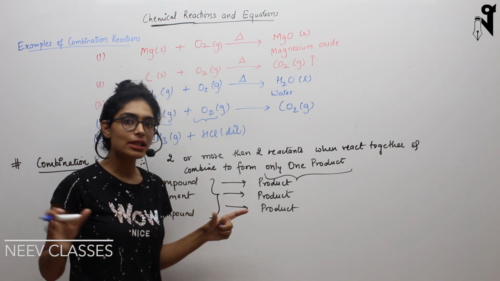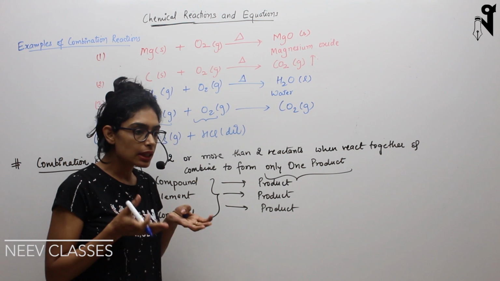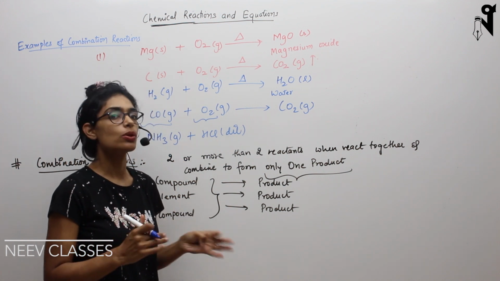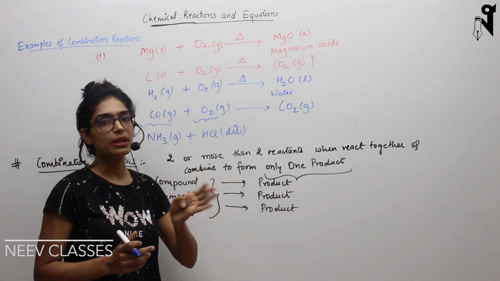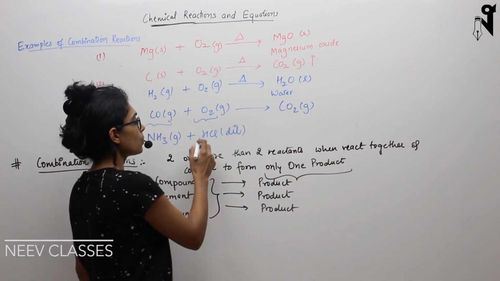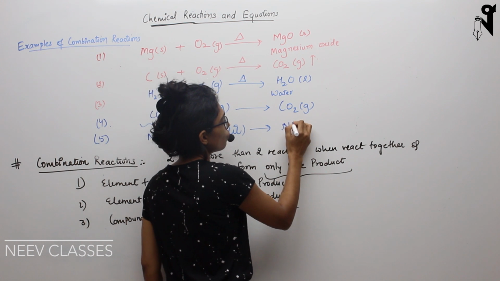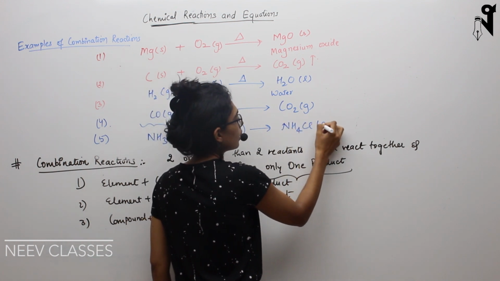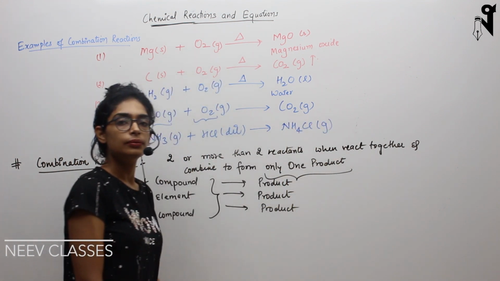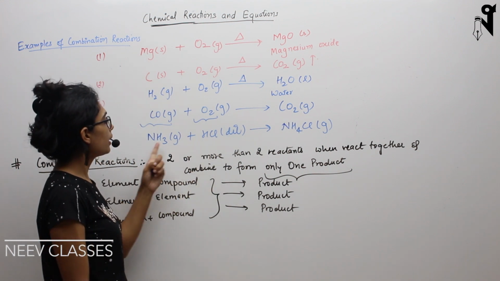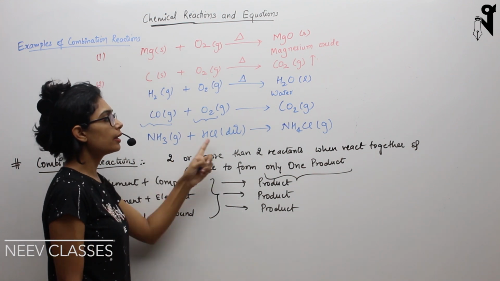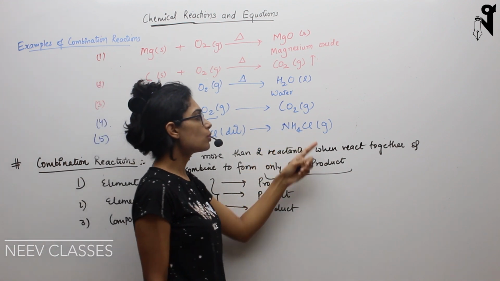Liquid means its state is liquid itself; basically that compound itself can be liquid, not dissolved in water. And aqueous also means dilute, so aqueous and dilute are basically the same thing. So HCl and NH3 reacted together and formed NH4Cl gas.